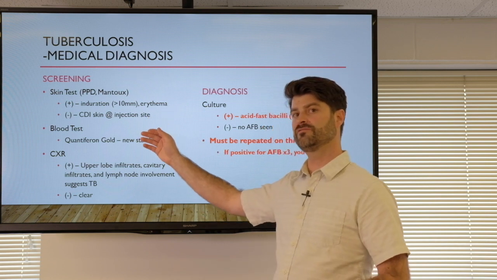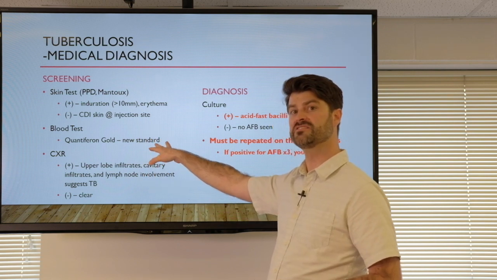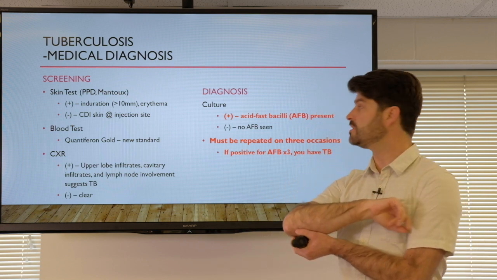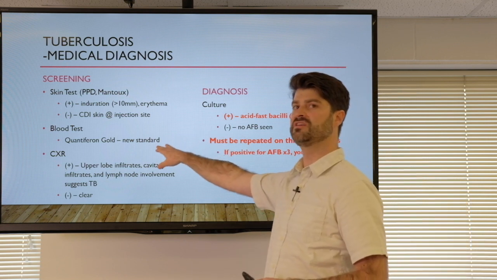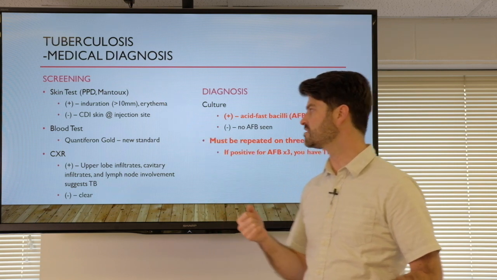What we're starting to shift towards in the healthcare community is doing QuantiFERON Gold blood testing to see if there's been any blood exposure to TB. That's becoming our new standard because there are some reliability issues around our skin testing.